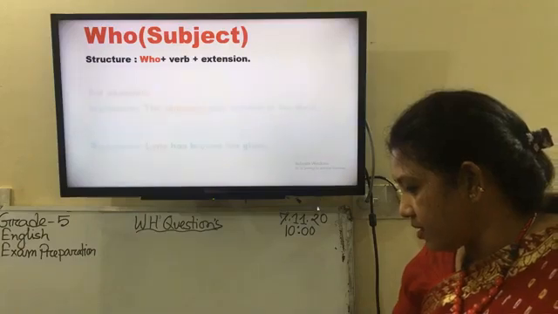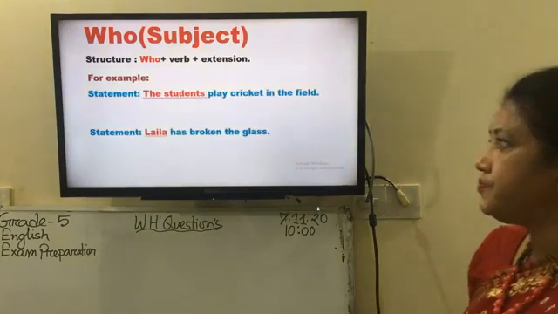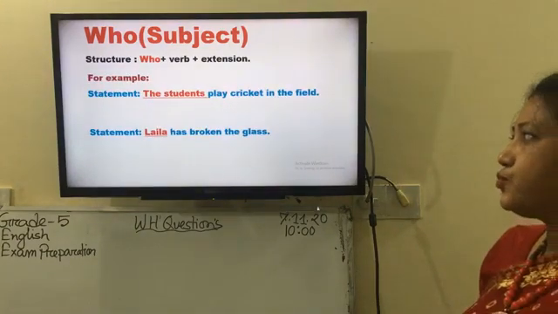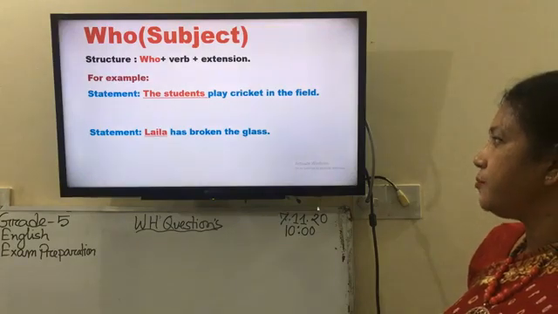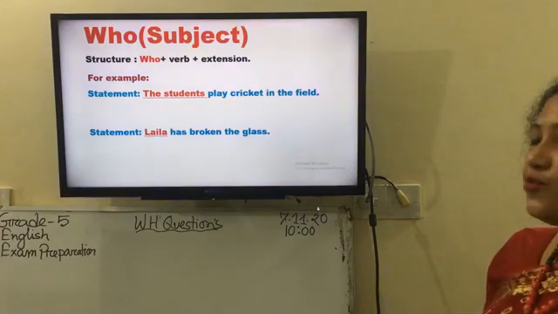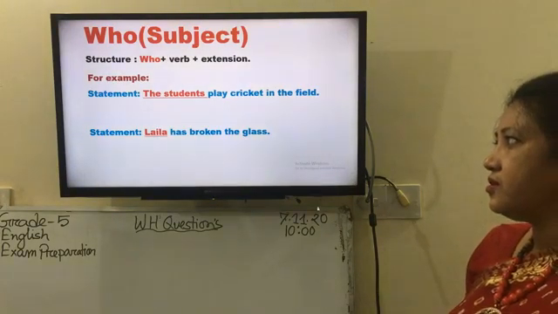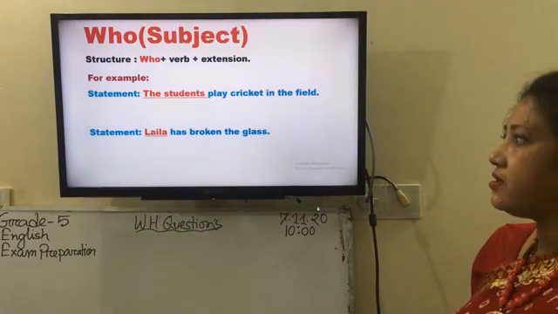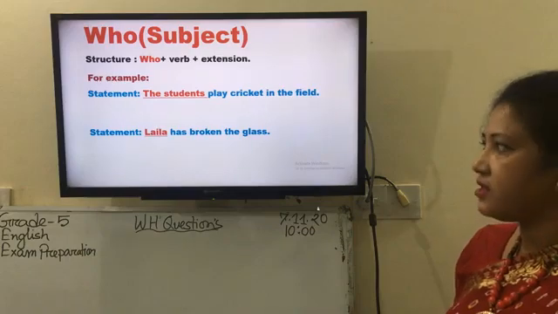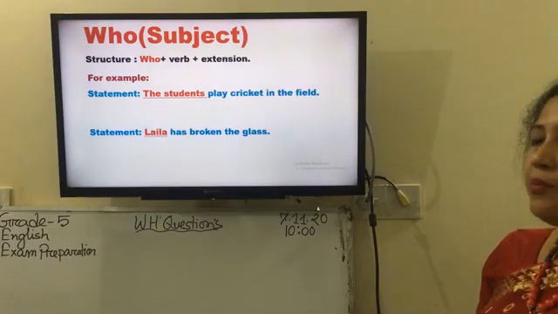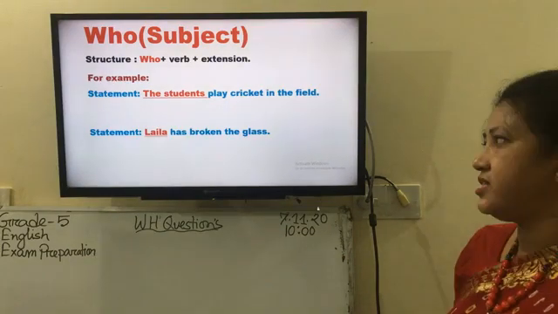Let's see an example. Statement: The students play cricket in the field. The students is the subject. You can see the underlined words, the students, and also red color marks for better understanding.